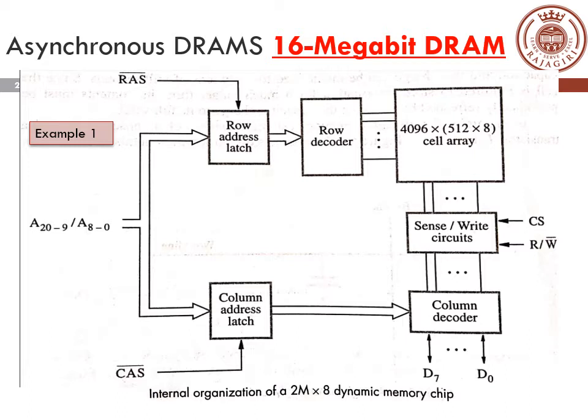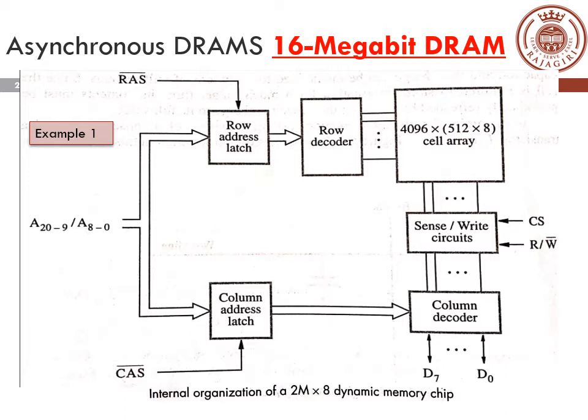Similarly, you are having a column address latch which holds the column address, and using the column decoder you will be decoding the corresponding column. So you have decoded the corresponding row and column, and using the sense write circuit you will be reading the data from the memory as well as writing the data to the memory.